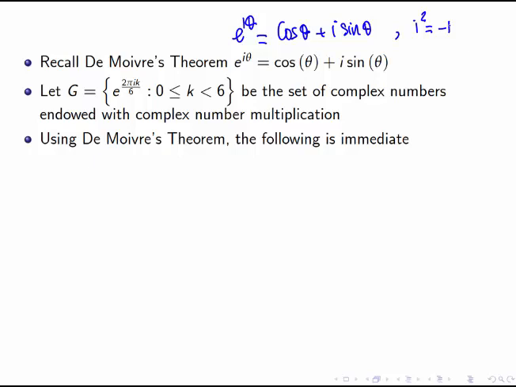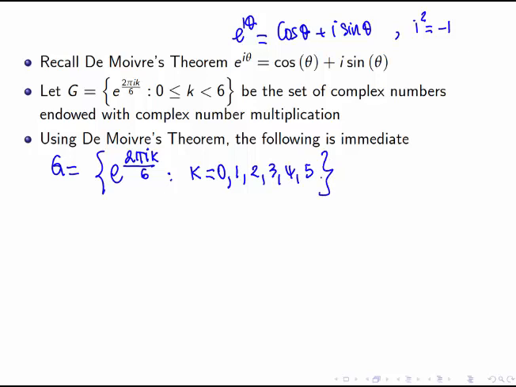So let G be the set of all elements of the type e^(2 pi i k over 6), where k is either 0, 1, 2, 3, 4, or 5. It can't be 6. So there are exactly 6 elements in this set.